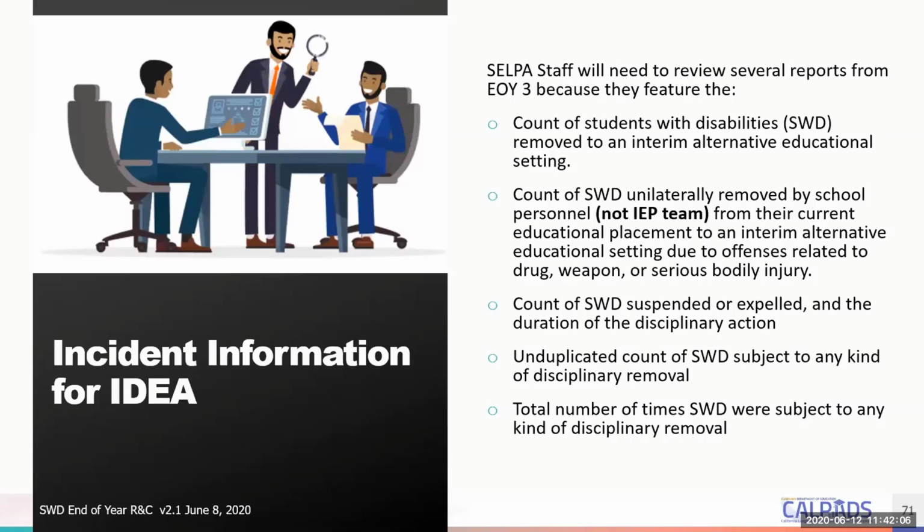Due to offenses related to drug, weapon, or serious bodily injury, count of students with disabilities suspended or expelled, and the duration of that disciplinary action. Then those counts of students with disabilities that were subject to any kind of disciplinary removal, and the total number of times students with disabilities were subject to any kind of disciplinary removal.